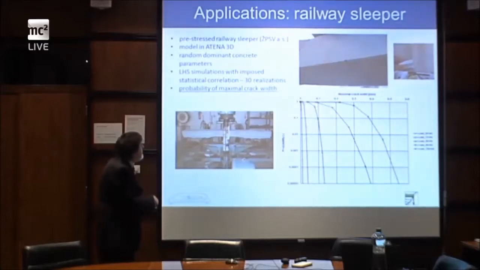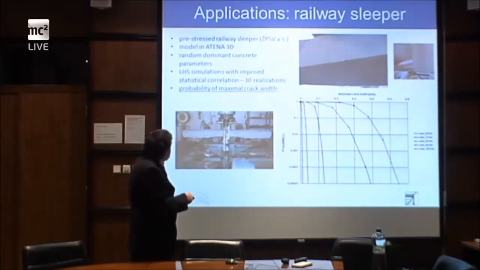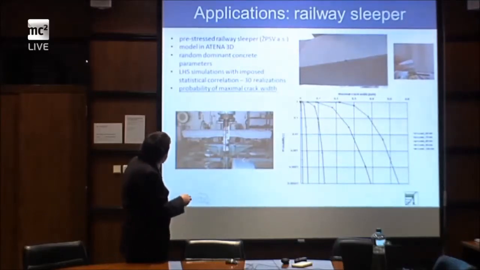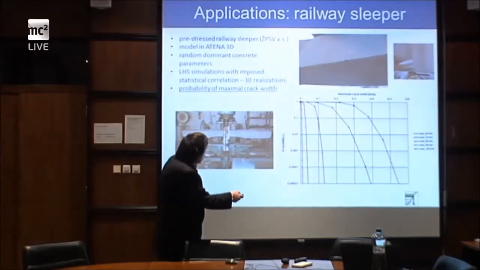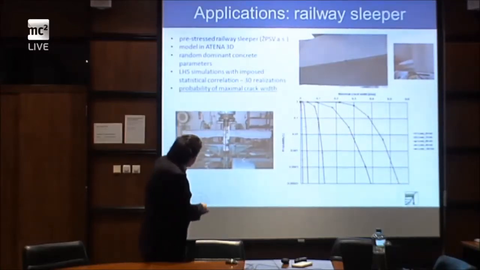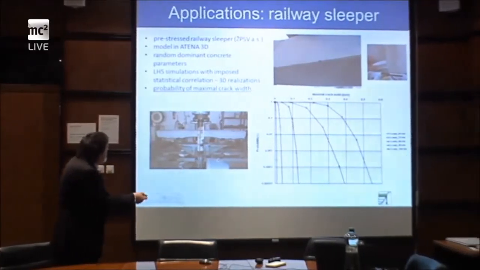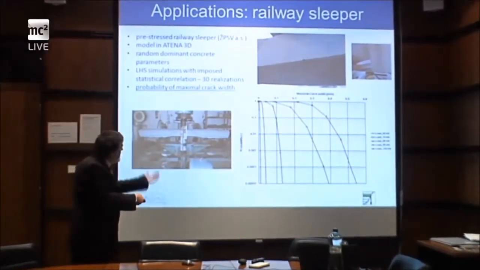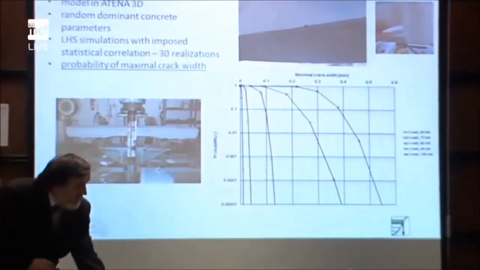This is a typical test, and they were interested in a nomogram of probability of occurrence of cracks versus maximum crack width for different levels of shear load. This type of nomogram we provided them for decision making and design, right?